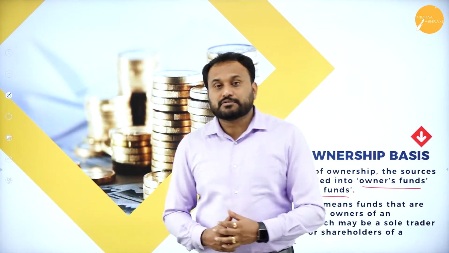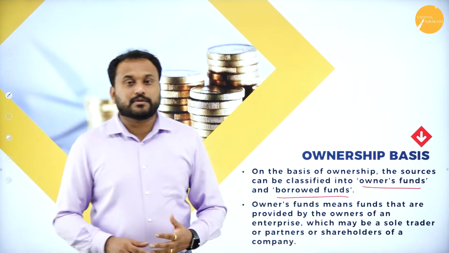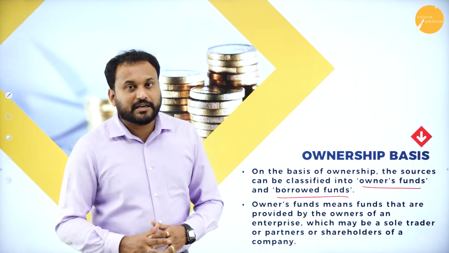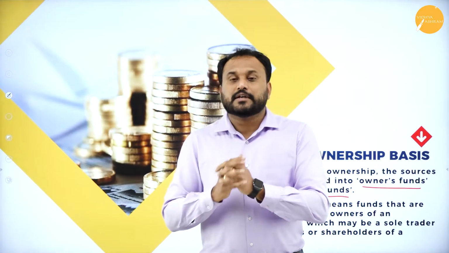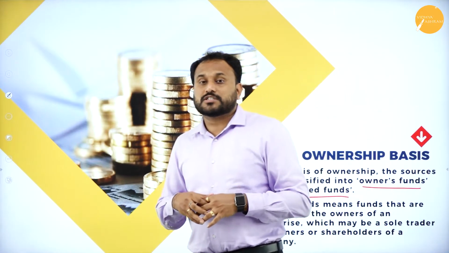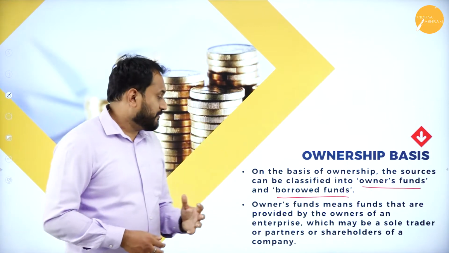When it comes to the owner's fund, that is the equity, I have already told you that he is the owner of the company. If the company makes a profit, he gets his share. If the company makes losses, then he will also lose, because as the owner he needs to bear the losses. So that is what the owner's fund and the borrowed fund are.